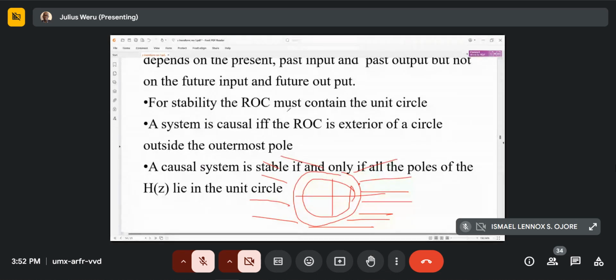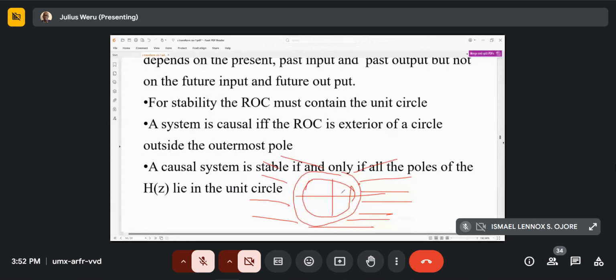But for it to be stable, this must be the unit circle. This one must be part of the ROC, which means you cannot have poles outside the unit circle if the system is causal and stable.